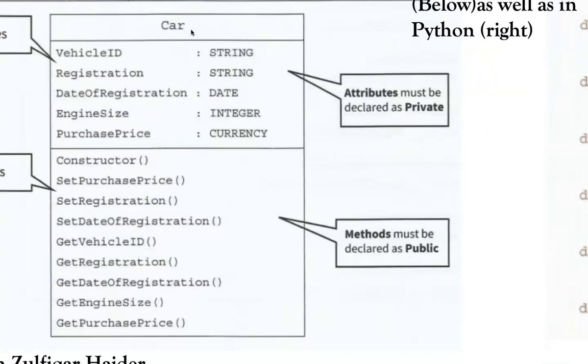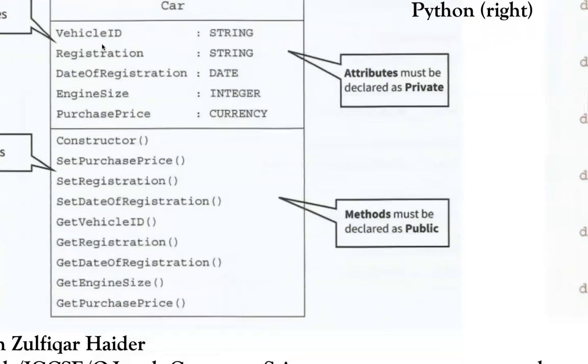A class of car means all objects of type car will have these fields on them, so they will have these 5 fields. Apart from these 5 fields, we will have additional features which only object-oriented programming supports, and these will be the methods that I can use to access these attributes.